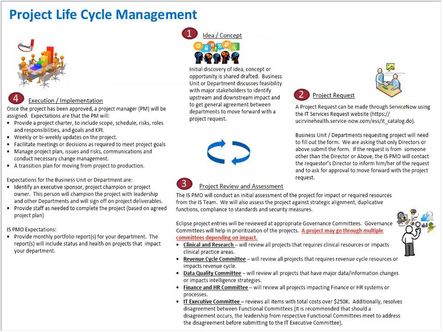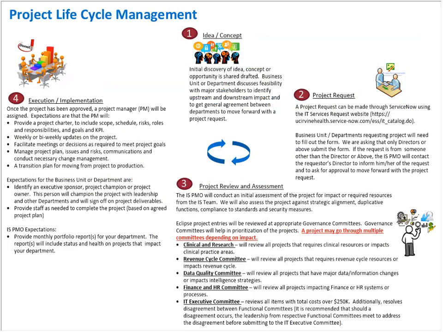This is project life cycle management, and this is how we educate our functional groups for the most part, and our executive committee as well. You have step number one: somebody has an idea, a department. You always get that within your organization. Somebody says, I have this idea. How do I engage IT?